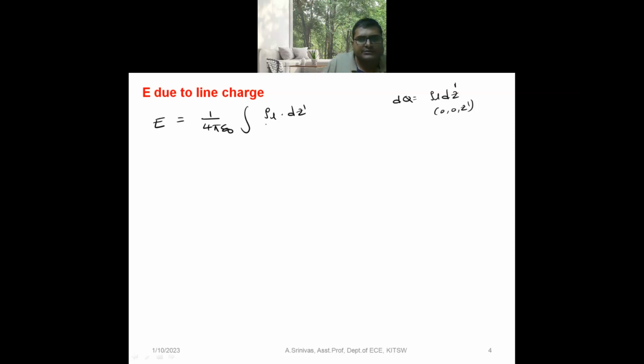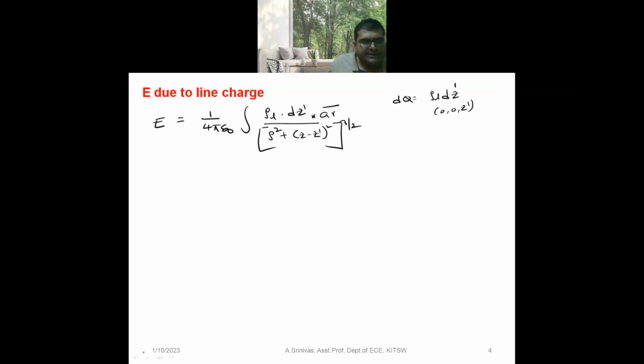The r cube value is rho square plus (z minus z dash) square to the power 3 by 2, and once again it is multiplied by a_R bar.